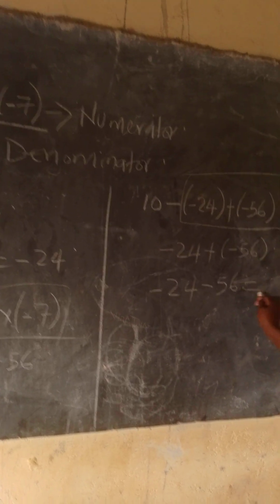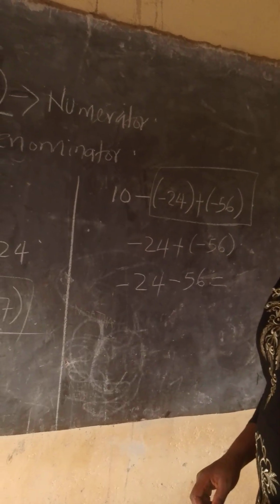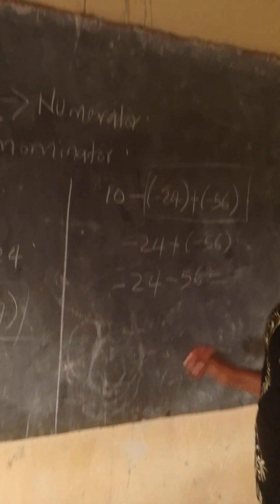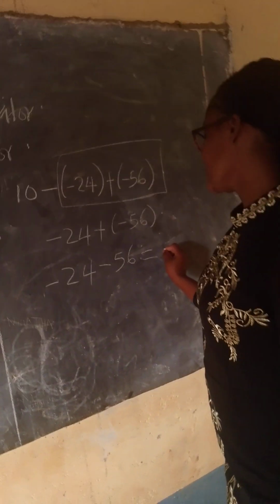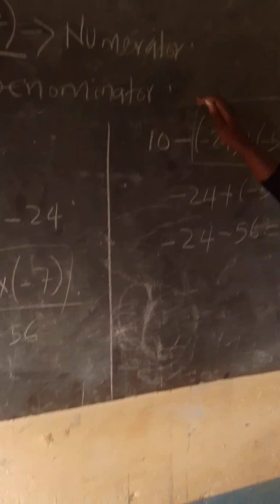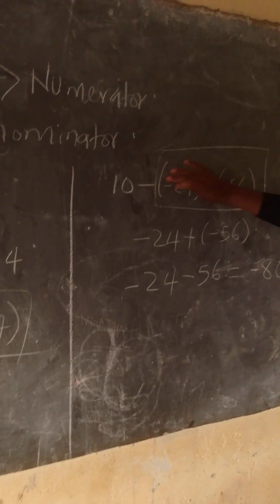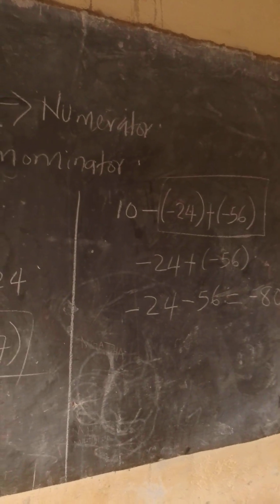What is negative 24 minus 56? Negative 80, correct. Then that negative 80 will be substituted in this. All these will turn out to be negative 80.